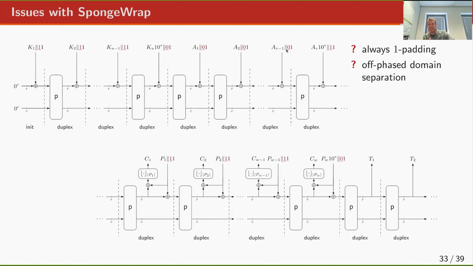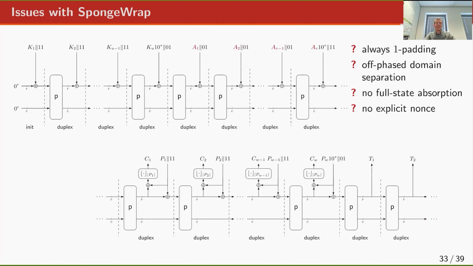It actually indicates what the next permutation call does. You really see this if you look at the 0 corresponding to the penultimate associated data block, which gets a 0, but the last one gets a 1, which means that the next duplexing call corresponds to encryption. We don't use the inner part, but you can use full state absorption.